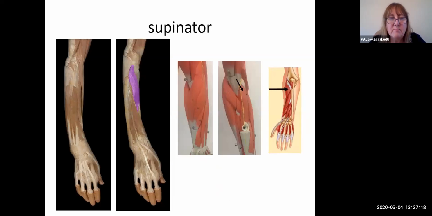And the last muscle is one that can be seen if you take off the brachioradialis, the extensor carpi radialis longus, and the extensor carpi radialis brevis, and the extensor digitorum muscles, and it would be deep to those, okay?